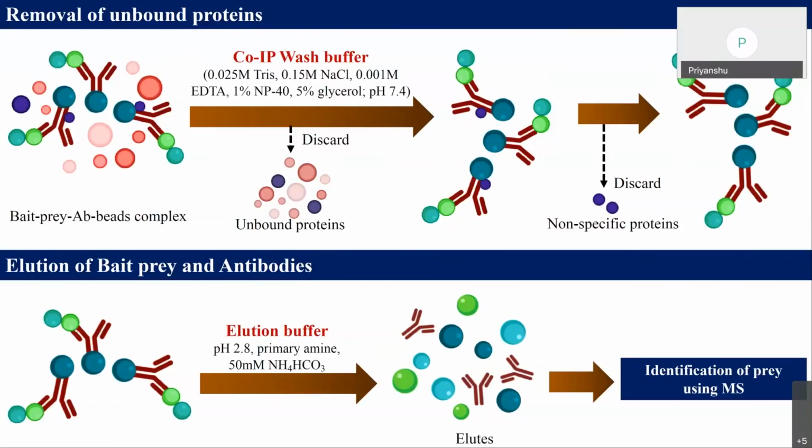These interactions are with the amino group of a particular amino acid. So once we put the primary amines in this solution, what happens? These non-covalent interactions are disrupted and the primary amine binds to that particular region, so these two proteins come out in the solution.